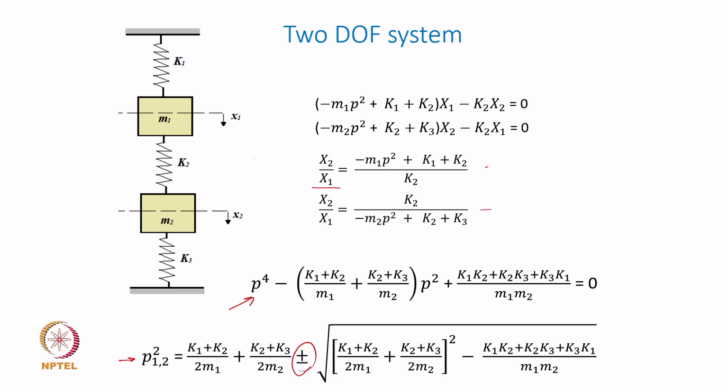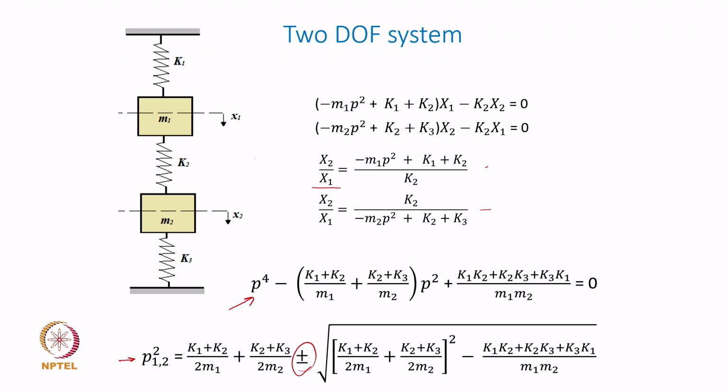The lower one we typically call P1 and the higher one we call P2, the higher of the two natural frequencies. Okay. So, what will be these two natural frequencies? One will be when the system moves with a frequency of P1, and the other will be when the entire system moves with a frequency P2.